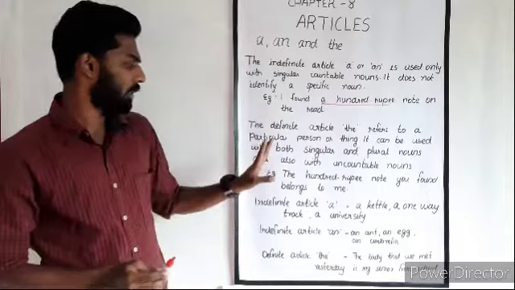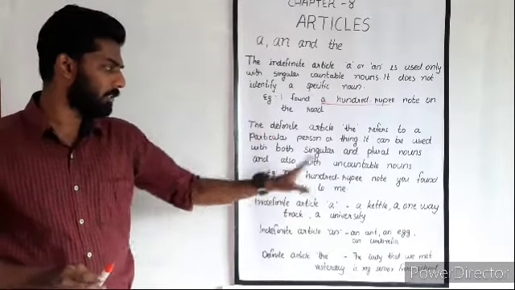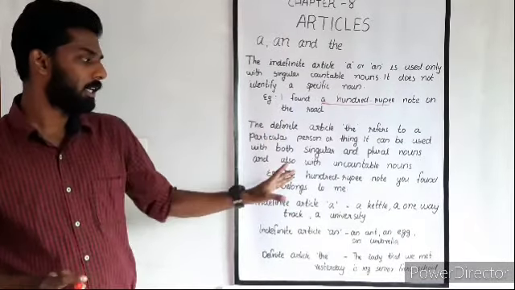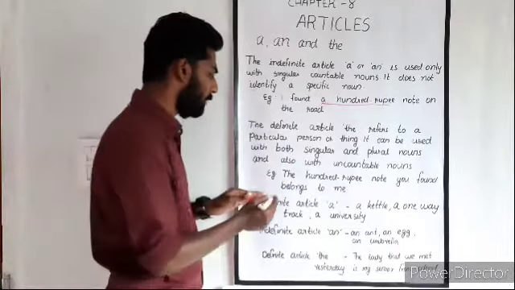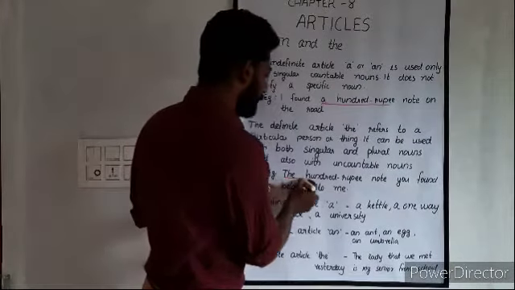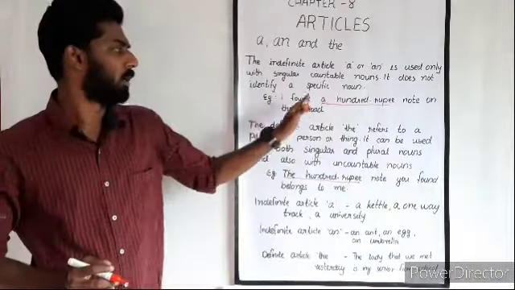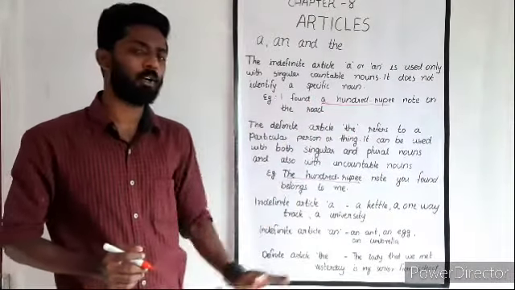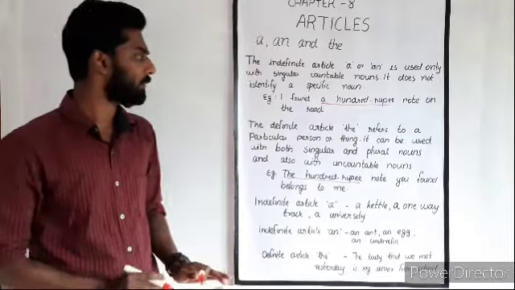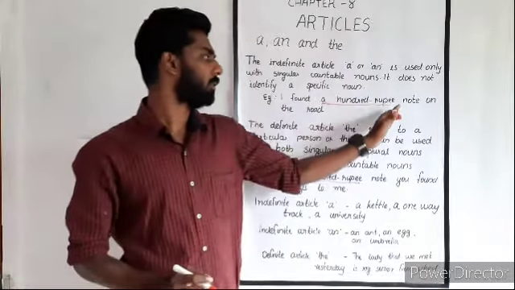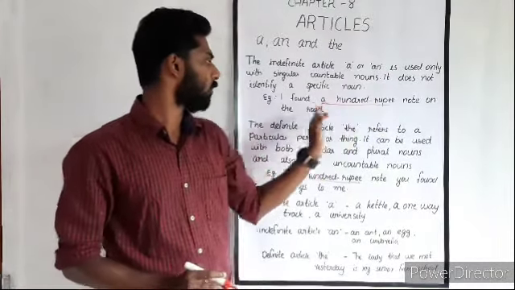And what is the definite article in this example? The 100 rupee note you found here, the 100 rupees used. So what is the difference between a 100 rupee note and the 100 rupee note? I found a 100 rupee note on the road.